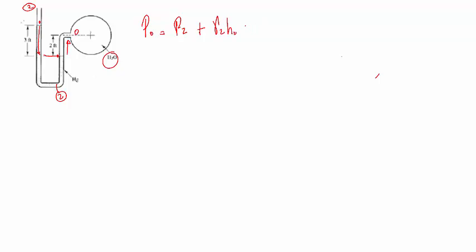So then I subtract, since I go up, minus gamma 1 H1. So we'll call this H2, and here this is H1. Okay?